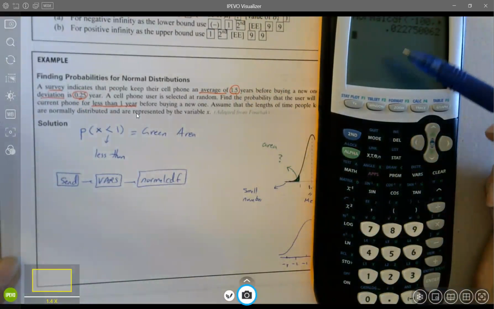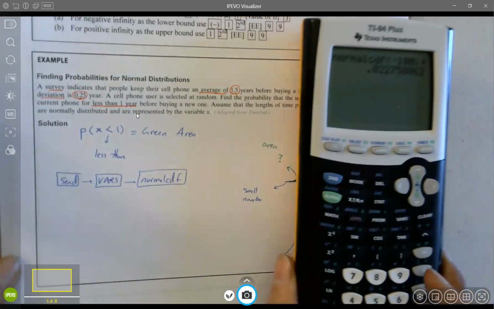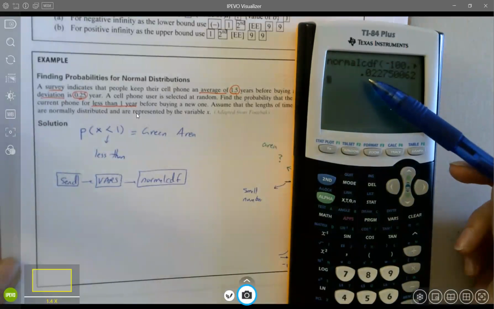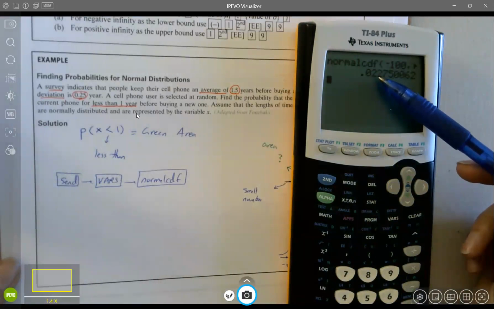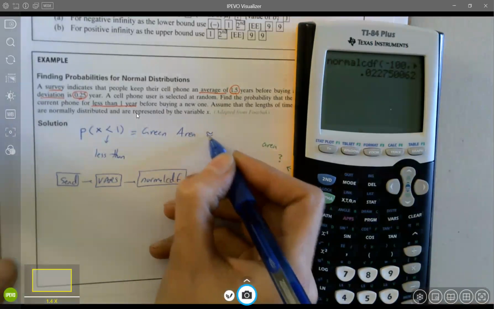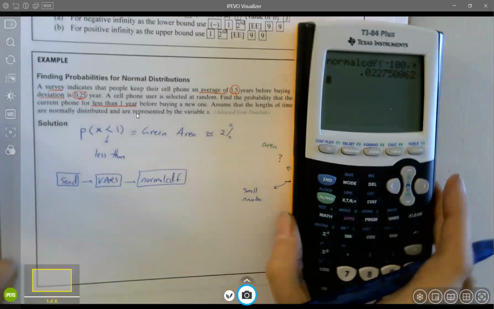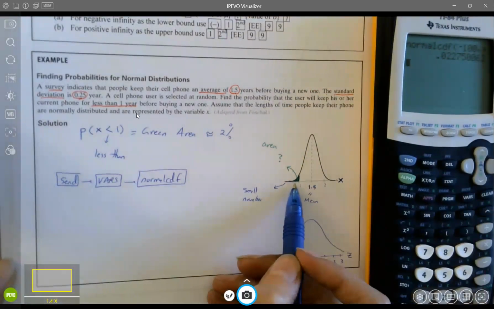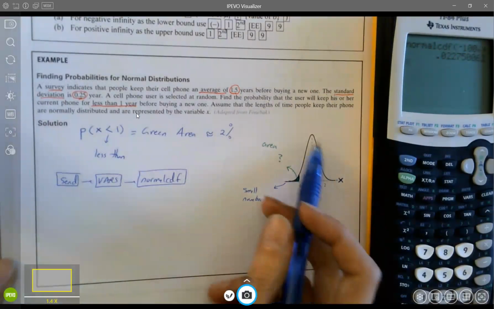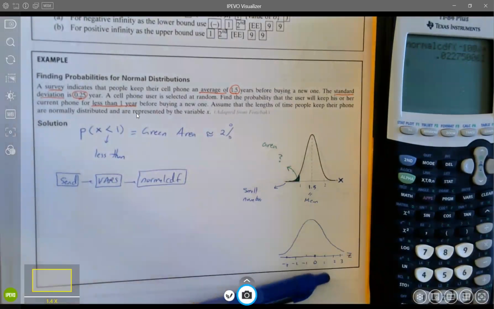The probability is almost 2%. The probability is 0.022 or just 2%. This probability is roughly 2%. As you can see, this area is a very small portion of the area below the graph.